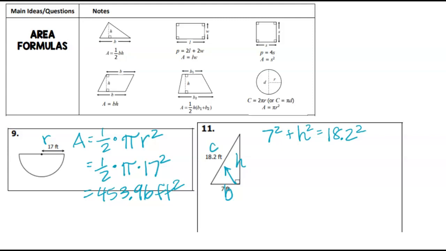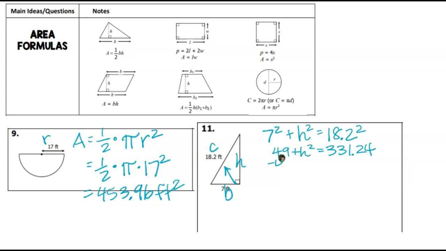All right, when I work that out, 18.2 squared, I get 331.24. Okay, so that's equal to 49 plus h squared.